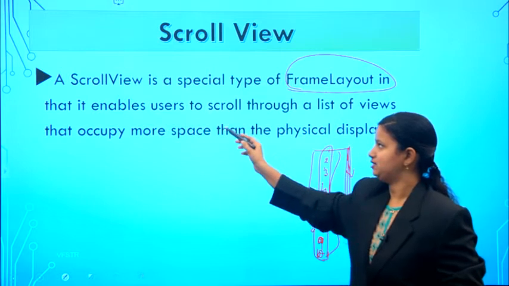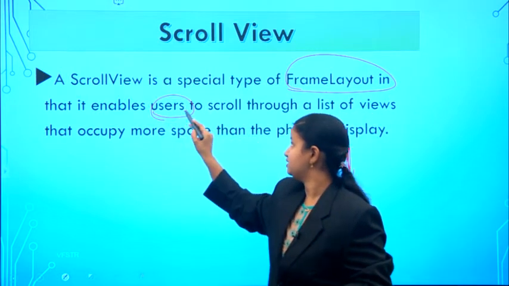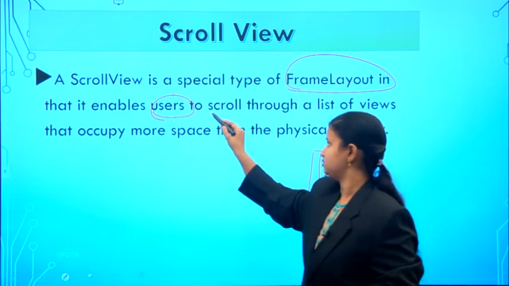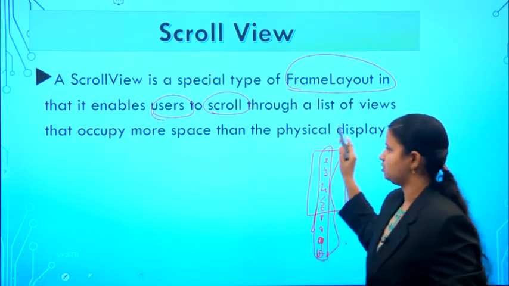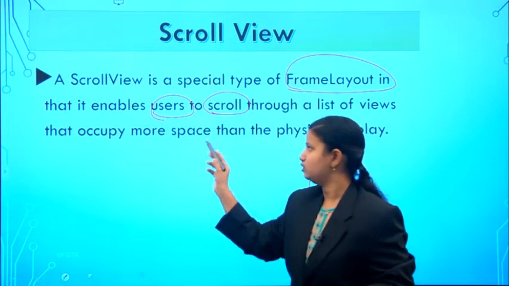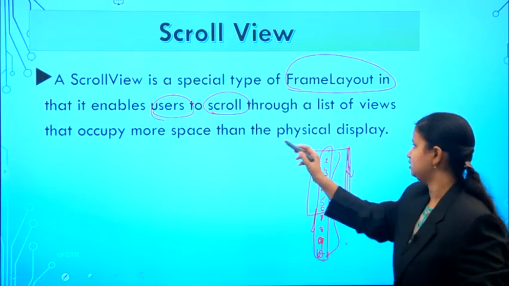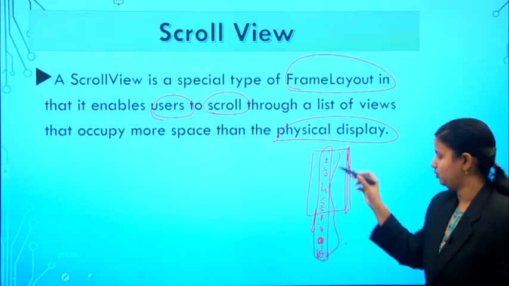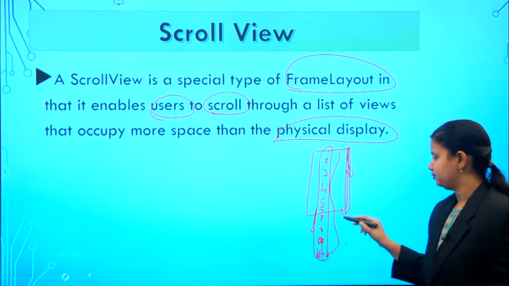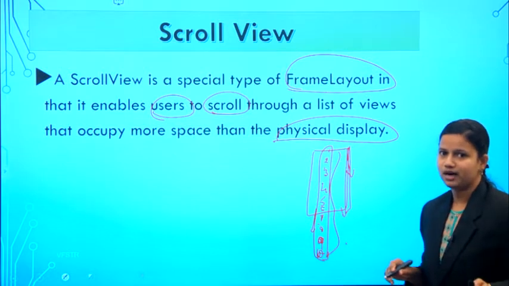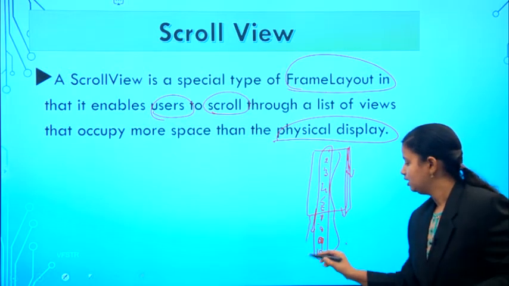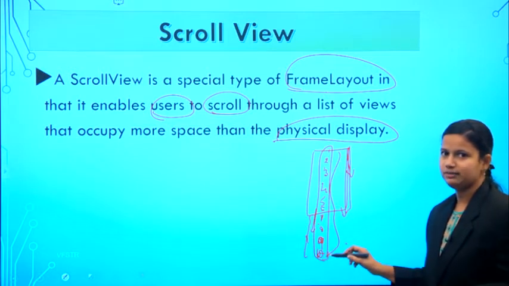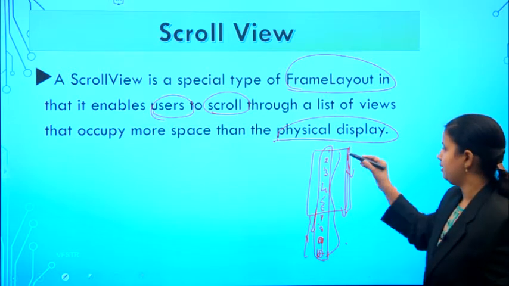So it enables the users to scroll through the list of views that occupy more than the space available in the physical display. Your user interface physical display is only allocated 5 views, but I want to arrange a total of 10 views. How will this appear to the user? By providing a scroll view.